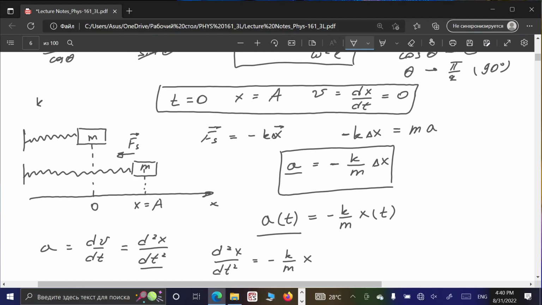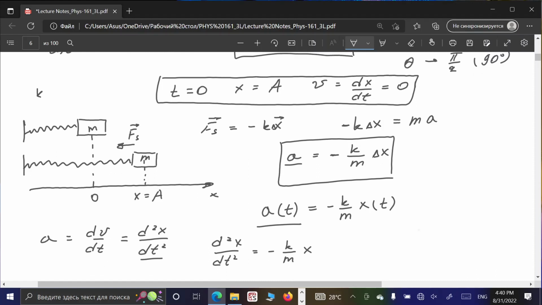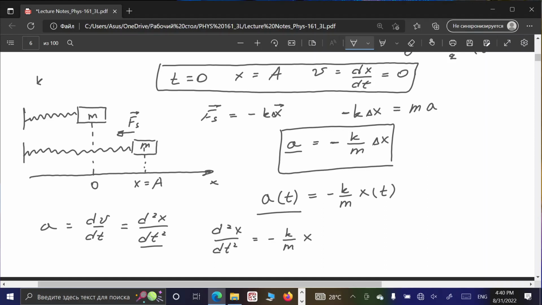Constants we define with boundary conditions which describe the system at a given moment of time.